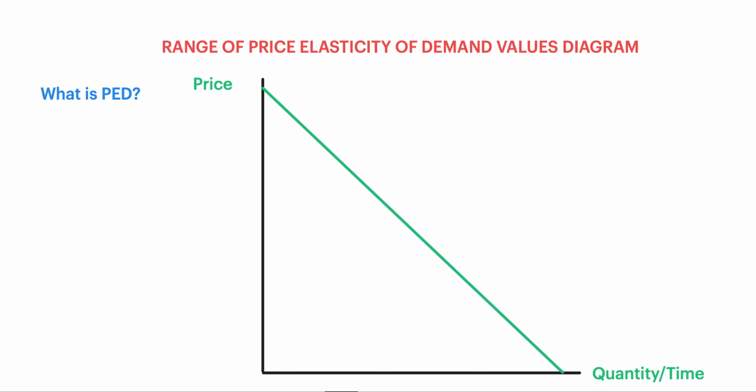At the top over here, our PED is equal to infinity, meaning that it's completely elastic. Now, a bit downwards, about in this area, our PED is greater than 1.